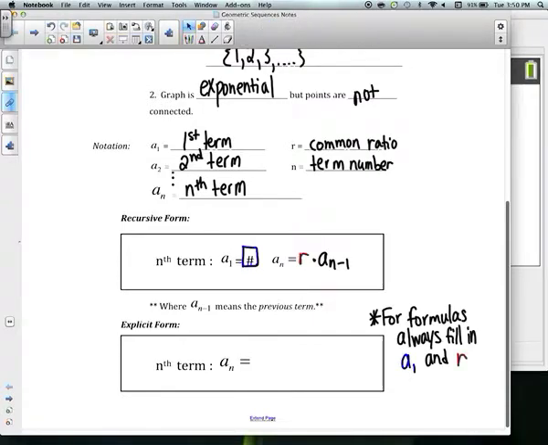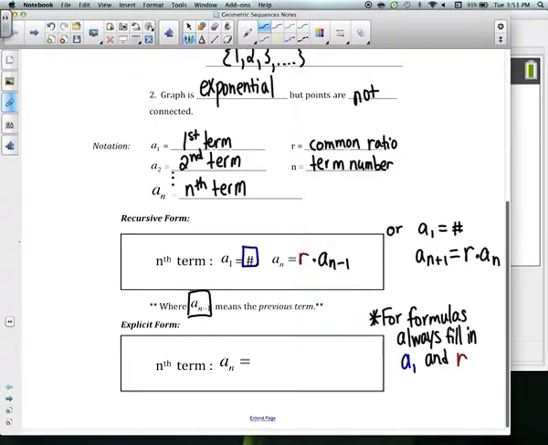Now, I didn't do this with the previous recursive formulas. There's another option for writing the recursive formula. So an minus 1 meant our previous term. Another way to write it is to write the next term, which would be n plus 1, and then you would just use an in the formula.